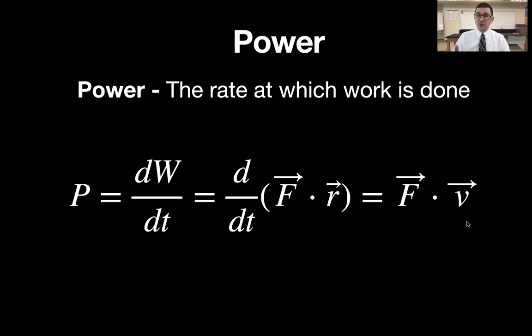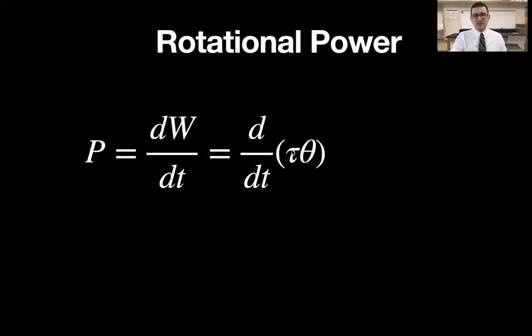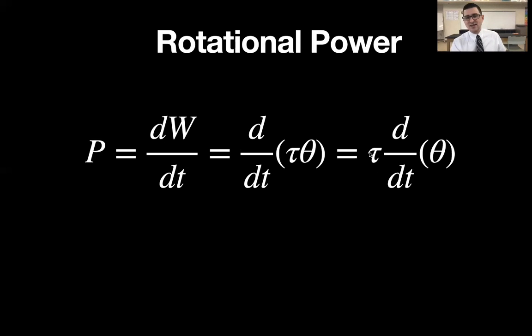We're going to see a very similar thing with rotational power, because it's still the derivative of work with respect to time. But now rotational power is the derivative of rotational work with respect to time. The rotational work is basically just tau times theta, because it's force through a displacement. So if tau, the torque, the rotational force, is constant with respect to time, we can pop it out of this derivative, and the torque multiplies the derivative of the angular displacement with respect to time, which is just the angular velocity.